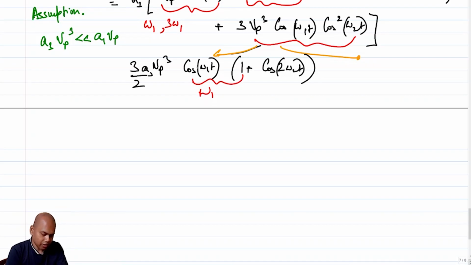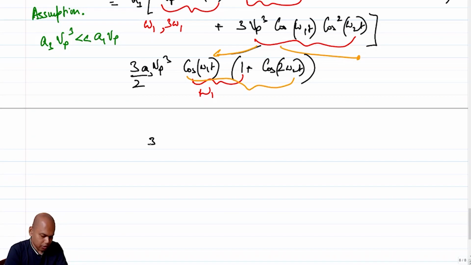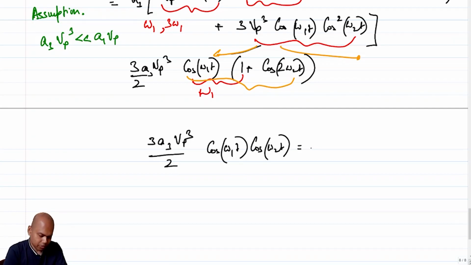What about the effect of this? This is going to create a term which is 3a3 vp cube over 2 times cosine omega 1t times cosine omega 2t, which seems to be an interesting term.